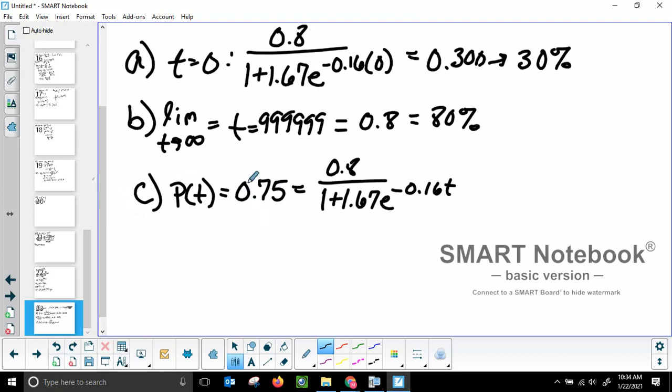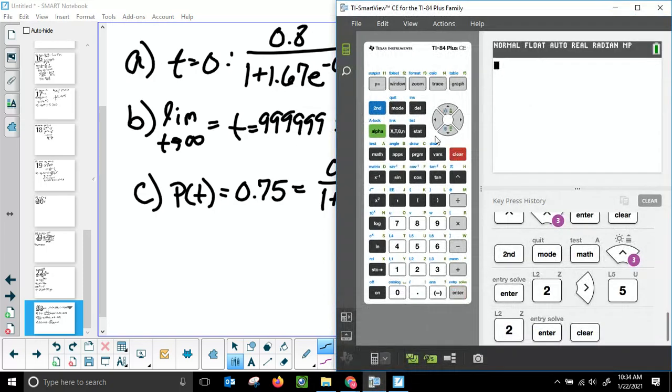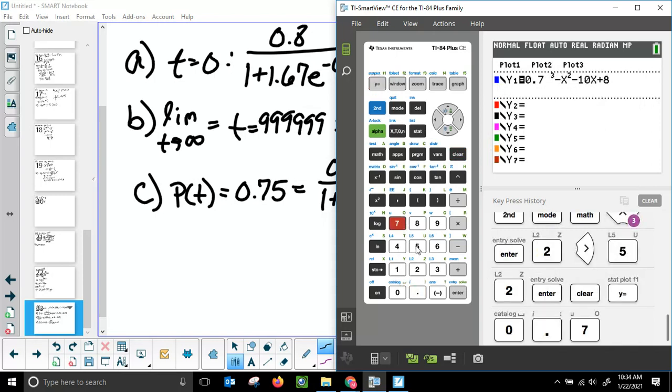You can put 0.75 into y1. You can put this into y2, and you can see where they intersect. Or you could subtract 0.75 from both sides and just find the 0. Either way, it's up to you. So I'm going to go ahead here and say 0.75. Oops.